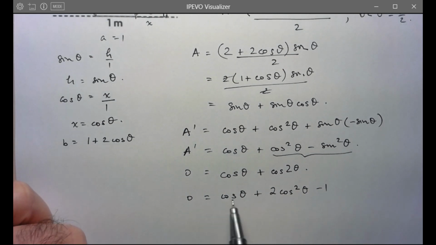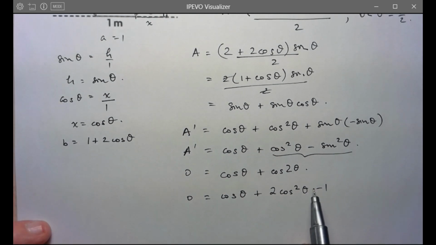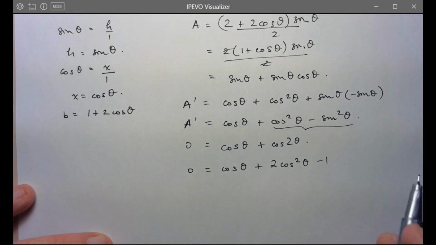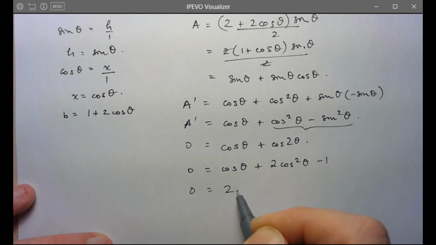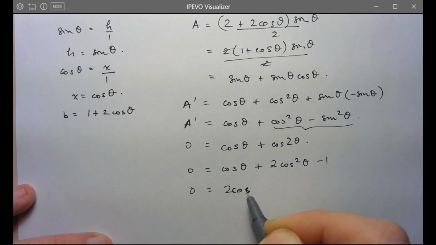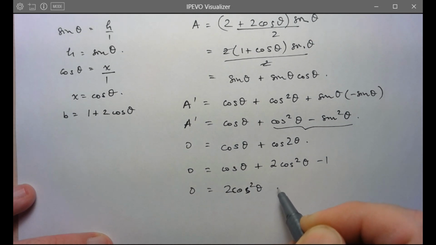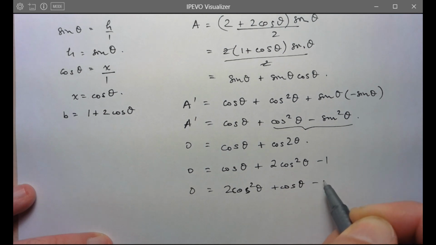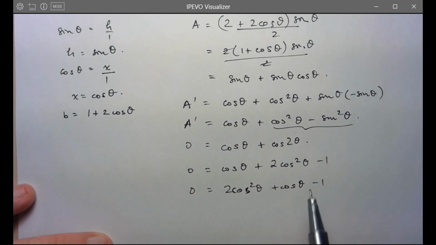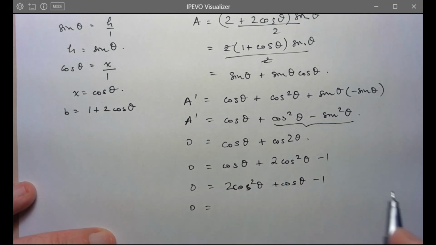And now this is starting to look more promising because this looks a lot like a quadratic trigonometric equation. Okay, so let me just clean it up here. 2 cos squared theta plus cos theta minus 1. And even better than that, looks like this is factorable. Okay, so 2 cos theta and then here cos theta.